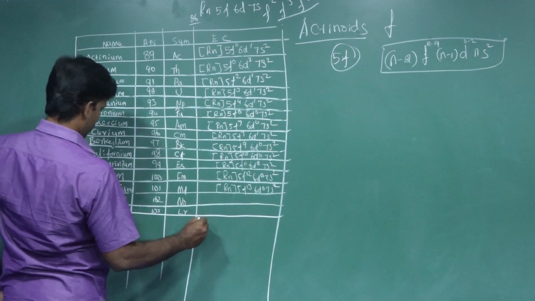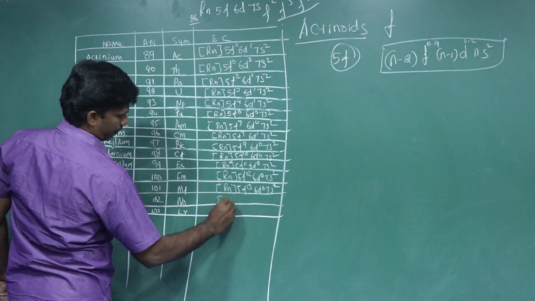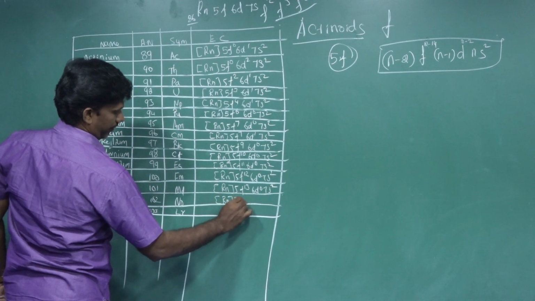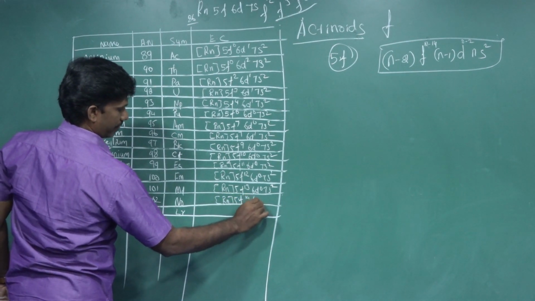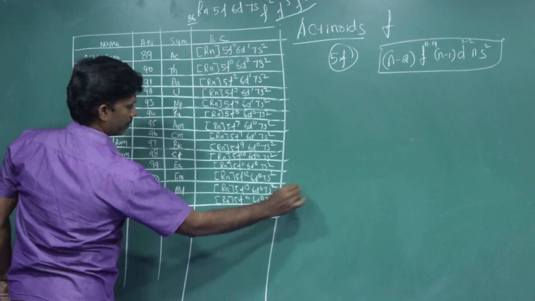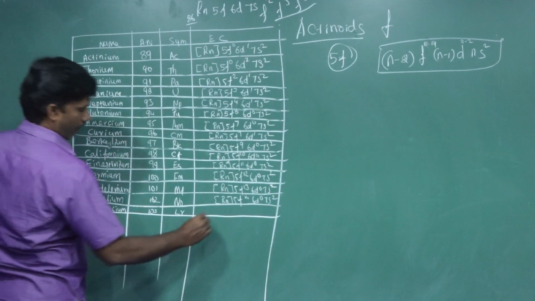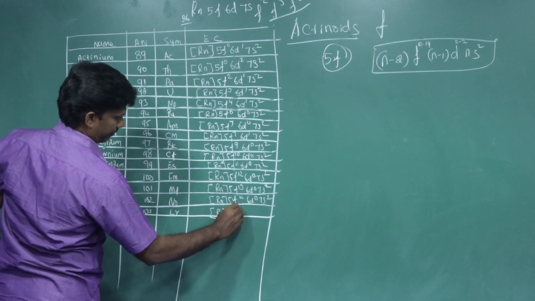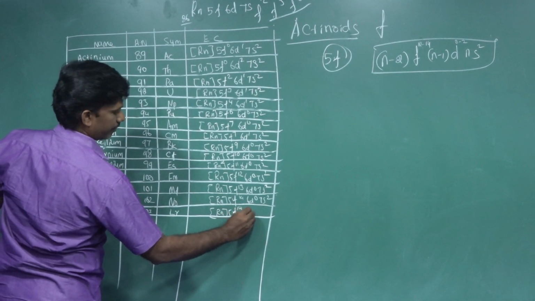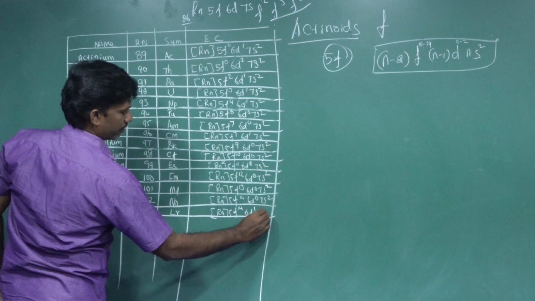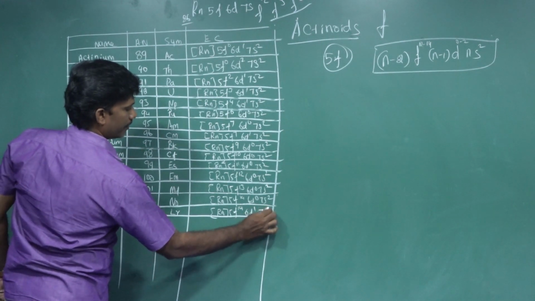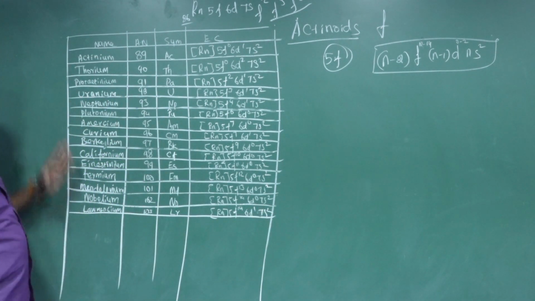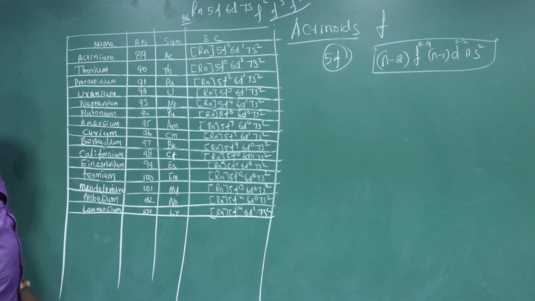Then nobelium, radon 5f14 6d0 7s2. Then lawrencium, radon 5f14 6d1 7s2. This is the entire electronic configuration of actinides.